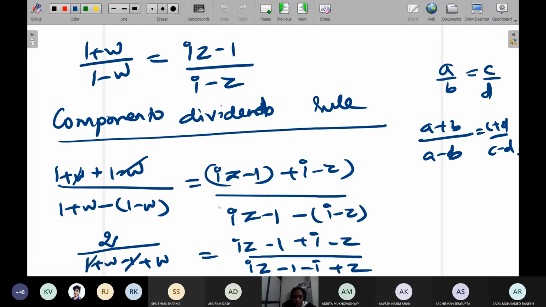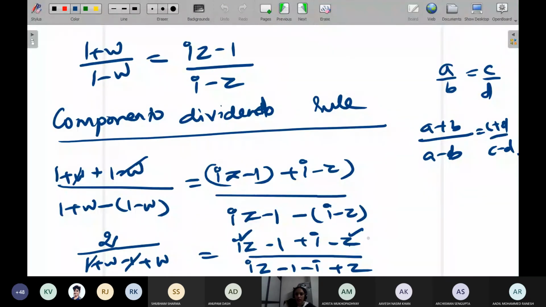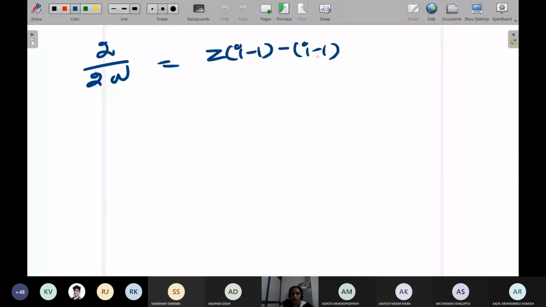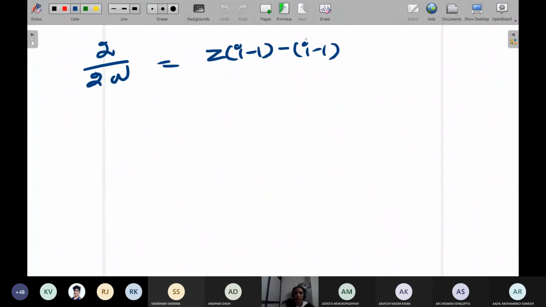See, this term and this term I'm comparing. If I take z outside, you get z in. And here also, if you take one minus sign outside, you get i minus 1. Correct?